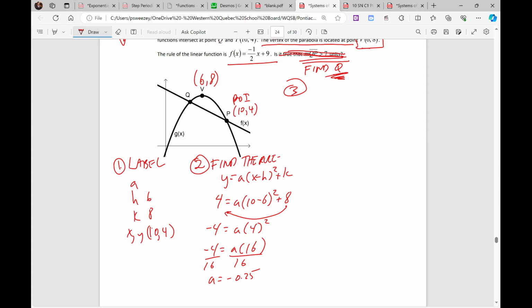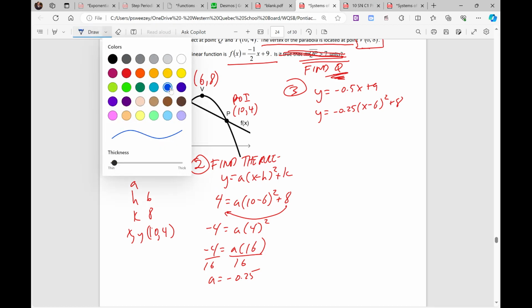Our objective in this is really just to find point Q because we already have P. But we know there's only one approach to this in terms of our points of intersection. We have the option of substitution and or comparison. But because we have both rules, so negative 0.5x plus 9 and negative 0.25 times (x minus 6) squared plus 8, because I have them both set to y, I'm obviously going to choose to use comparison in this case, right?